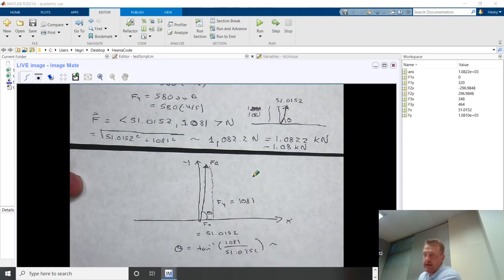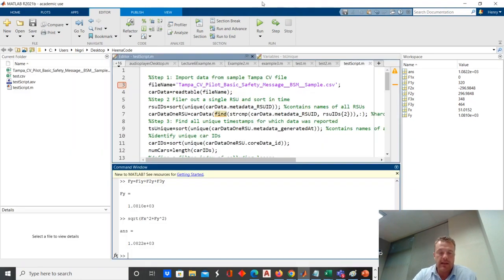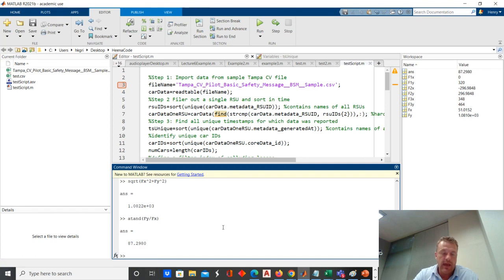Remember, I'm not rounding intermediate calculations, to not create any inaccuracies beforehand. I take an inverse tangent of these stored values, and it comes out to be 87.298, which to 3 sig figs is 87.3 degrees. That's not surprising. We knew intuitively that it should be a quantity near 90 degrees.